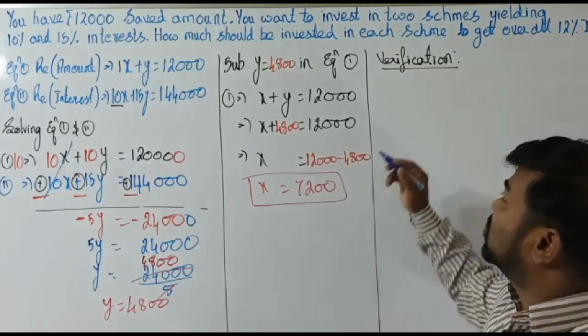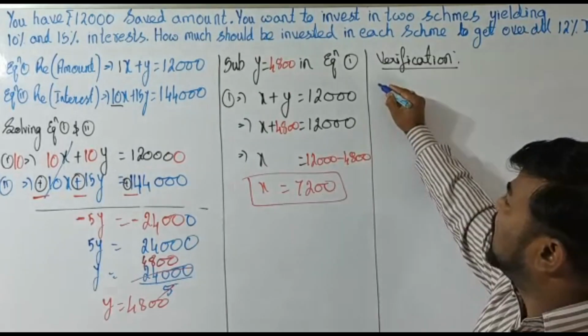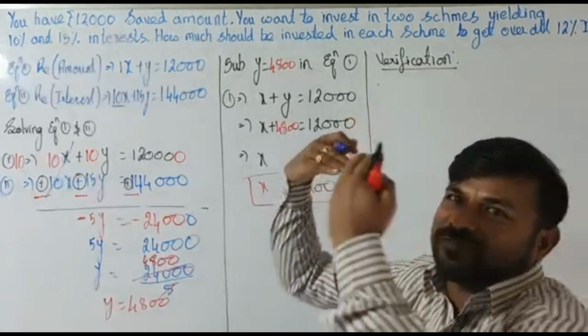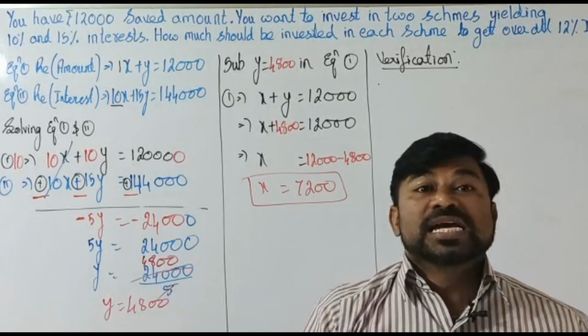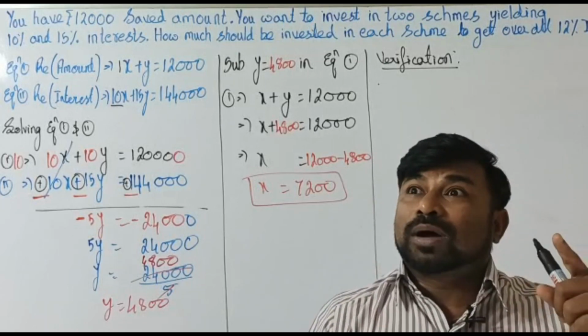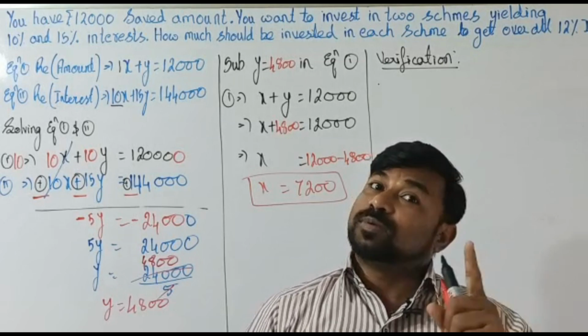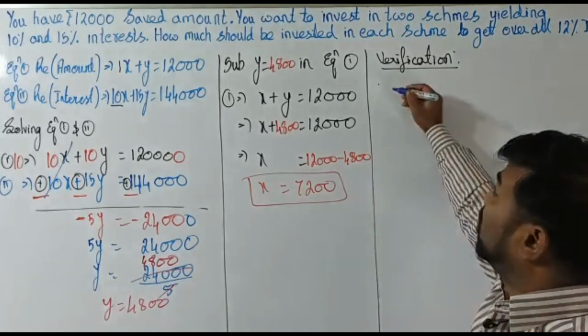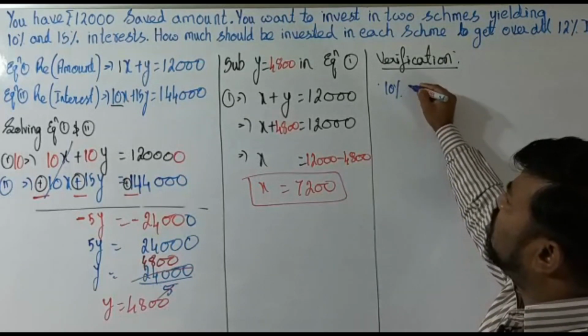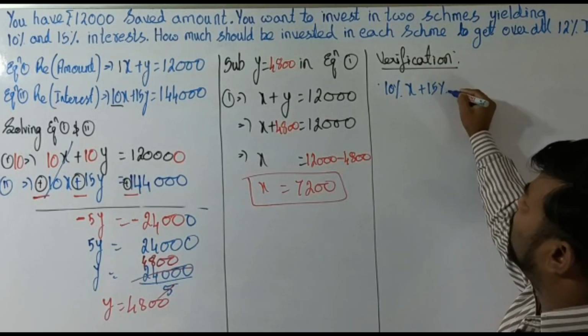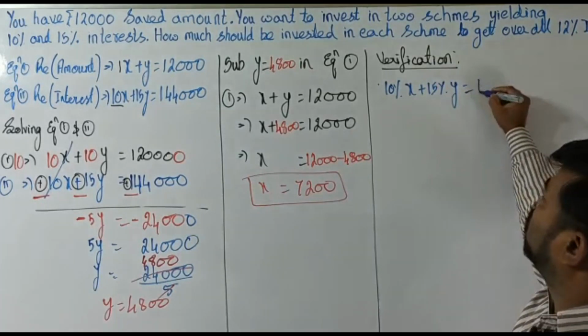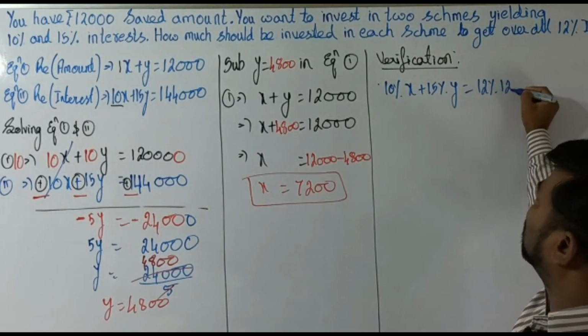So what is the verification? 10% of the first investment plus 15% of the second investment equals 12% of the total investment. This is the relation we have been given: 10% of x plus 15% of y equals 12% of 12,000.